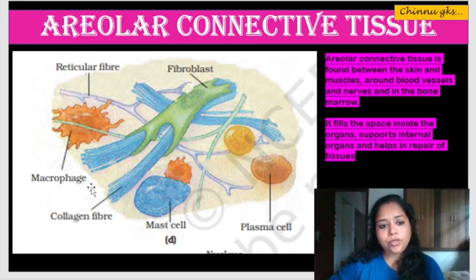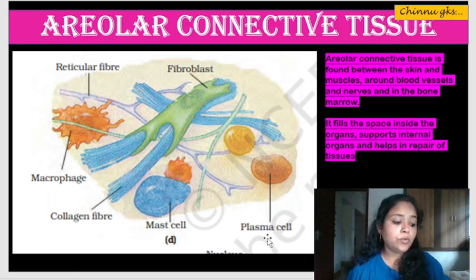How? Why? So you will be seeing that there are cells like plasma cells, mast cells, macrophages, and fibroblasts. So macrophage, fibroblast, mast cell, plasma cells, what are they all doing? One way or the other, they are actually trying to fight the germ infection that is there.